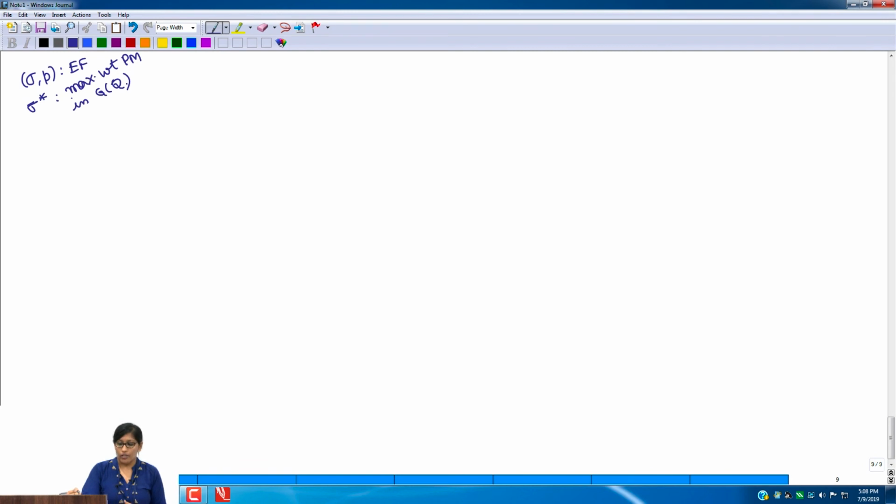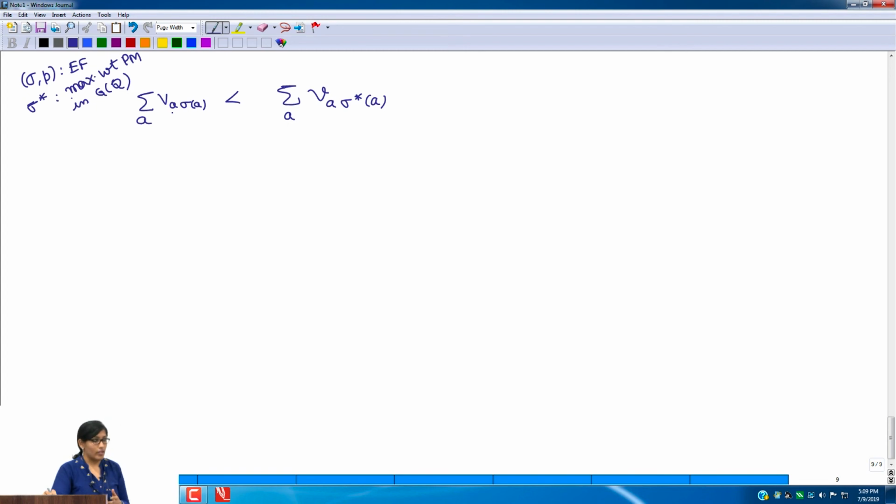If it's a maximum weight perfect matching, I know that the weight of sigma star must be greater than the weight of the matching sigma, since I've assumed that sigma is not a max weight perfect matching. So there's a strict inequality going on here.